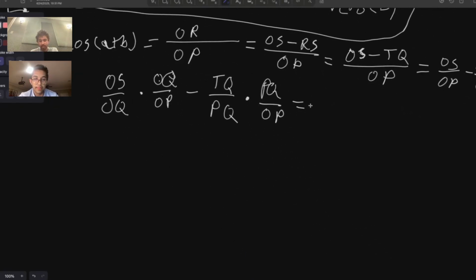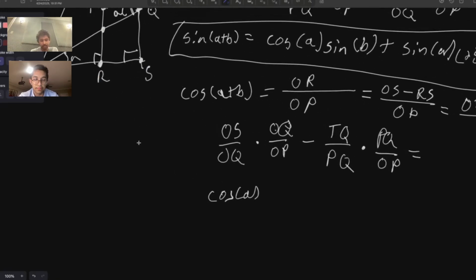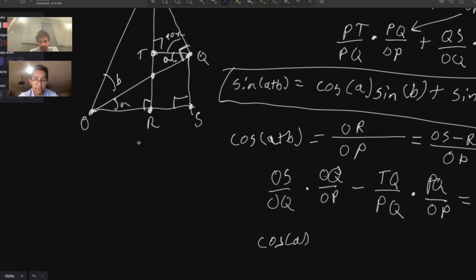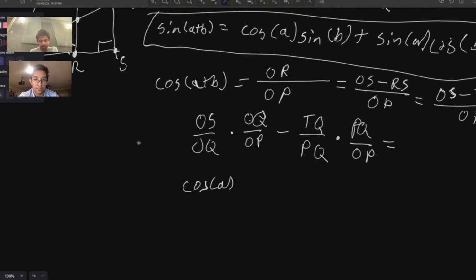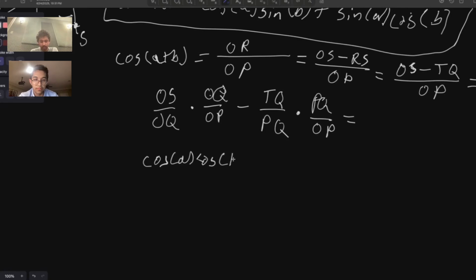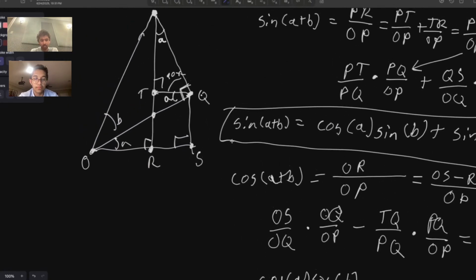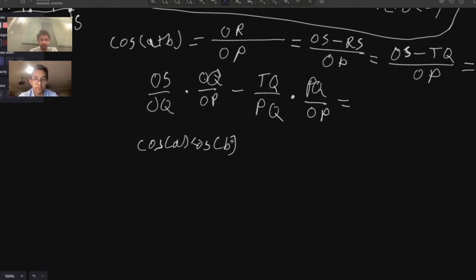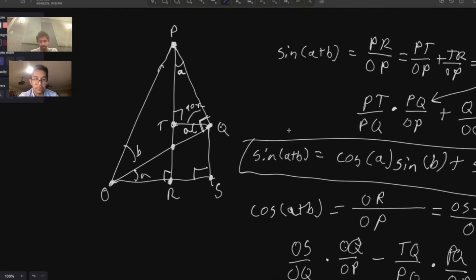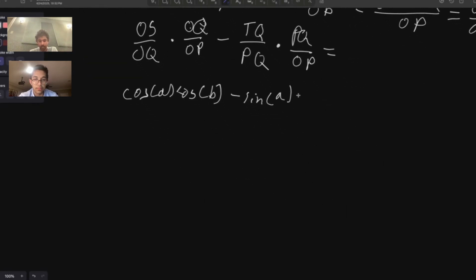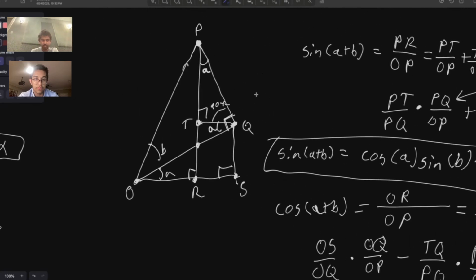So we can then simplify this as the cosine of angle A, as previously mentioned, OS over OQ, times the cosine of angle B, OQ over OP, minus the sine of angle A, which is TQ over PQ, times the sine of angle B, or PQ over OP.